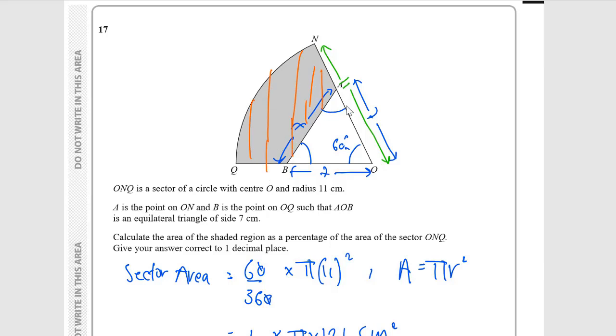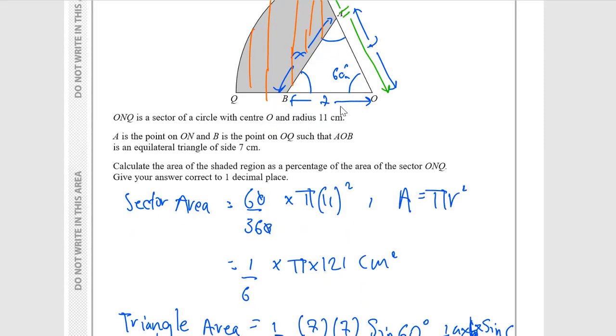So we can find the area of the entire sector by finding the area of a circle, multiplying by the proportion of the circle that this sector represents, which is 60 over 360, which is 1/6 of a circle if you simplify this.